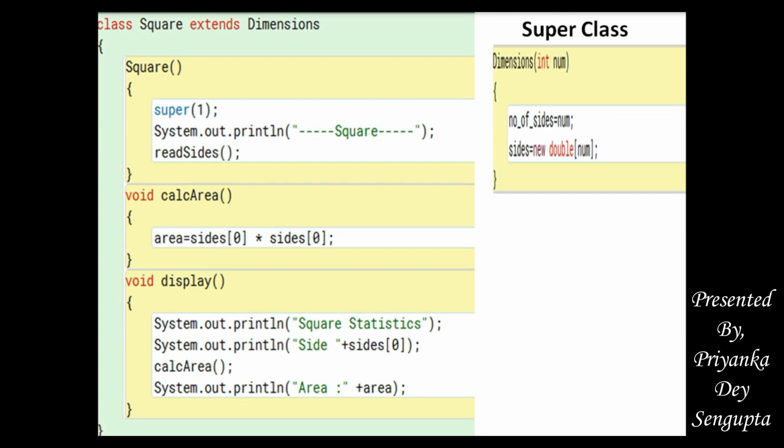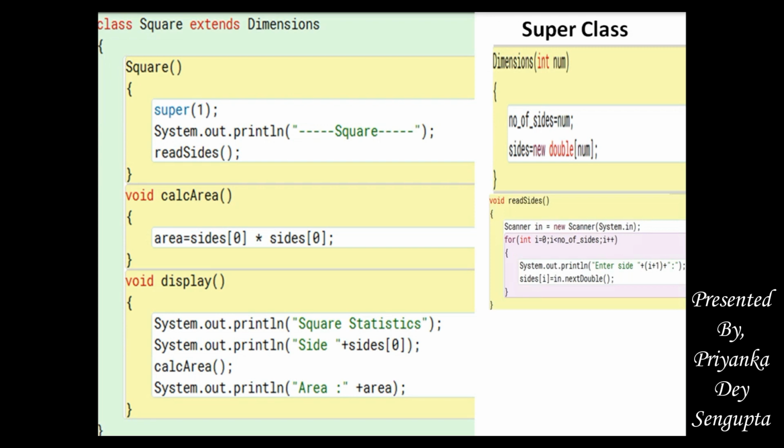Now see, it will print square, then read sides. When it will call the method read side of the superclass, it will input the value of a single side because all the 4 sides of a square are same. Now it will call the void calc area method. See, the void calc area method of the superclass.